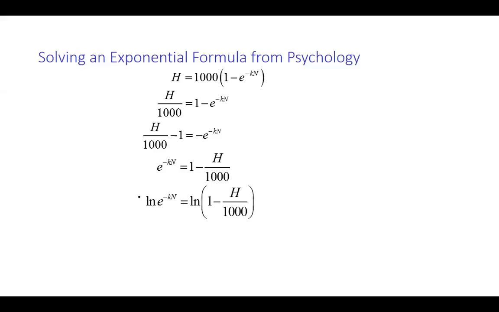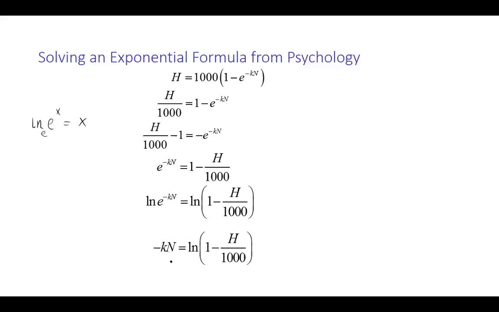So as you recall, on the left-hand side, if I have natural log of e to the power of x, this whole thing would be equal to x, because the base is the same as e here. So on the left-hand side, this whole thing would be equal to minus kn, according to this property. Minus kn is equal to natural log of 1 minus h over 1,000.